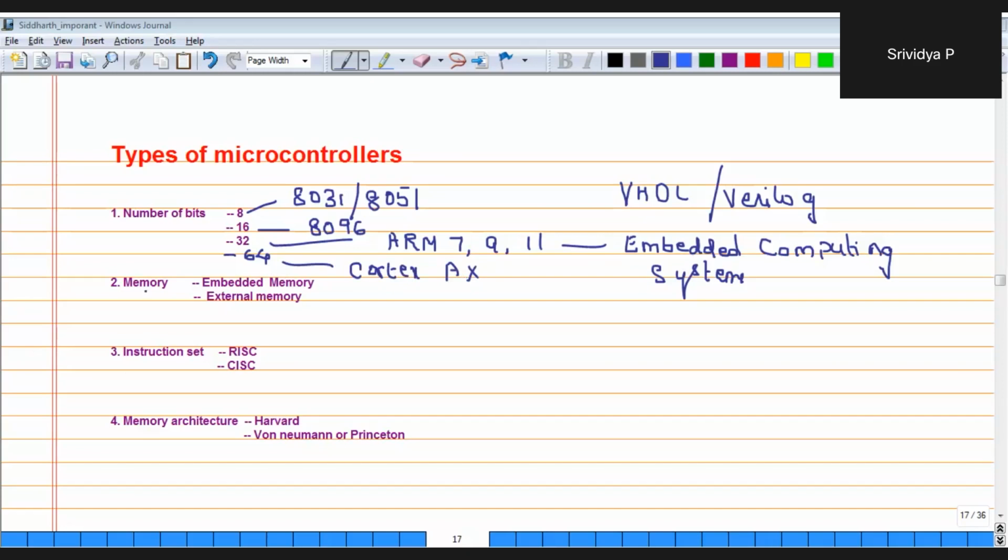Moving on to the classification of microcontrollers based on memory, it can be classified into two types. One is embedded memory microcontroller and the other is external memory microcontroller. As the name itself suggests, in an embedded memory microcontroller, all the hardware and software units required by the MCU are present in a single unit. So there is no requirement to interface any external devices.